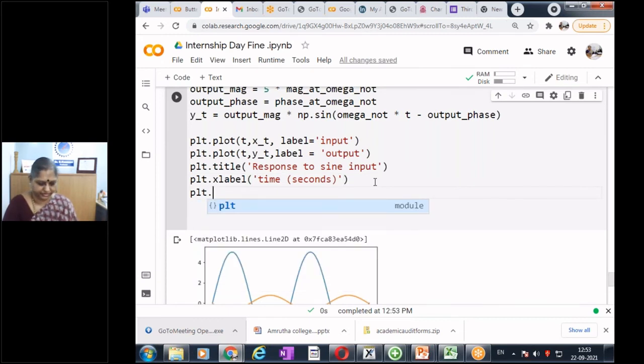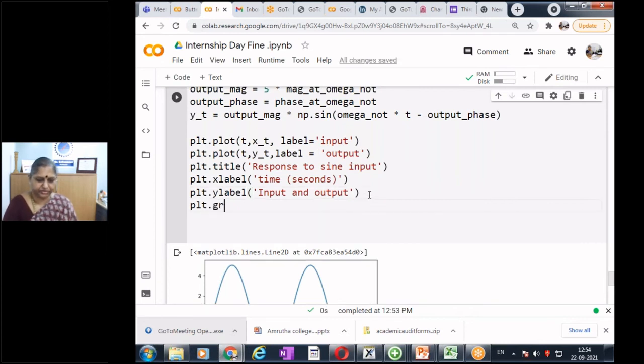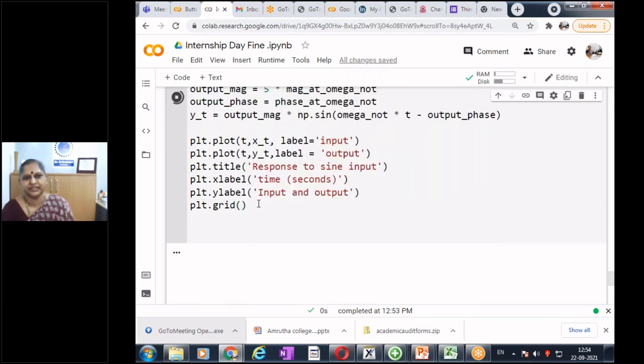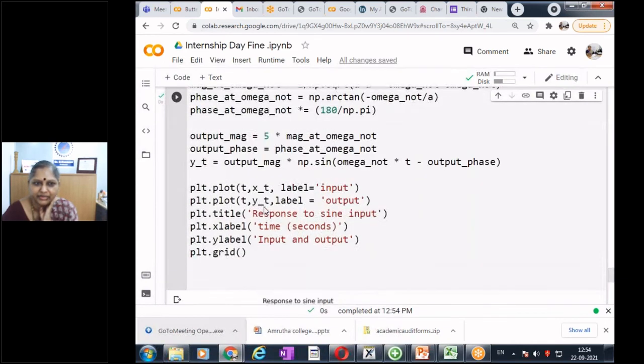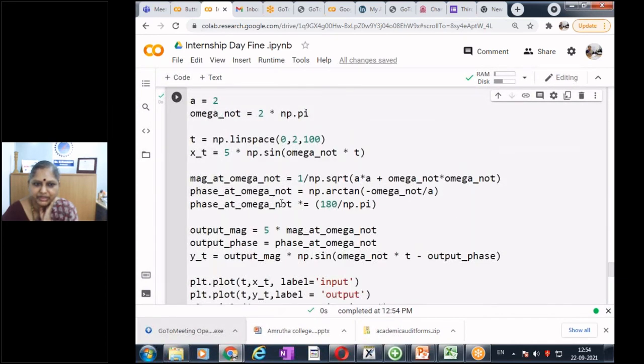PLT dot Y label, which is either the input or output. And it's always good to have the grid on. And this is what we have. So run it. This is when I have selected my A as something.